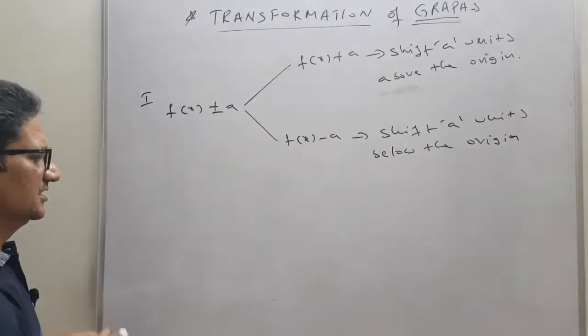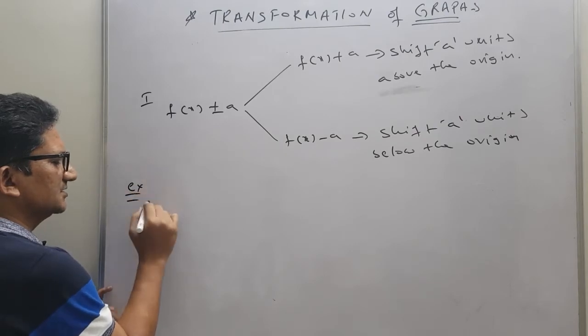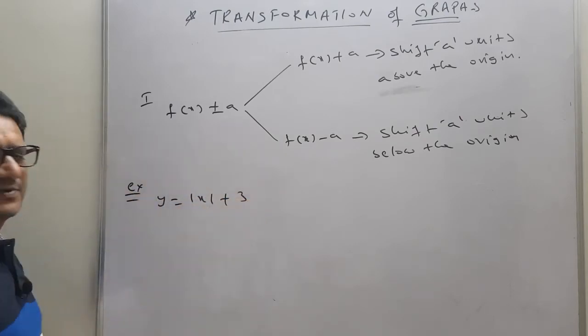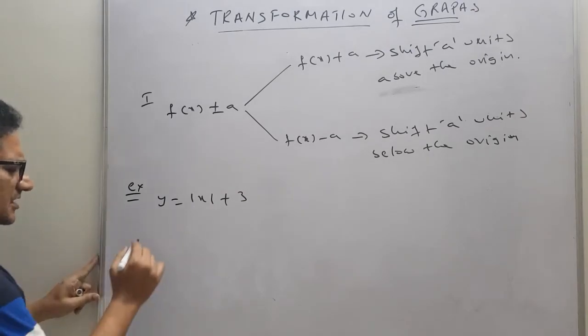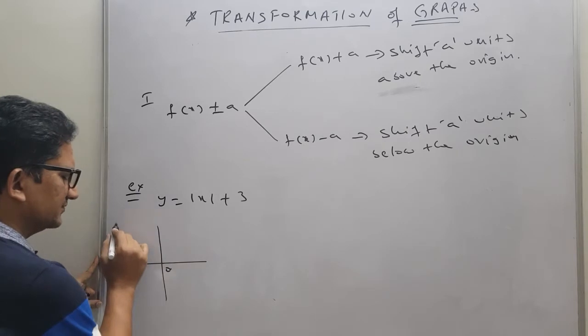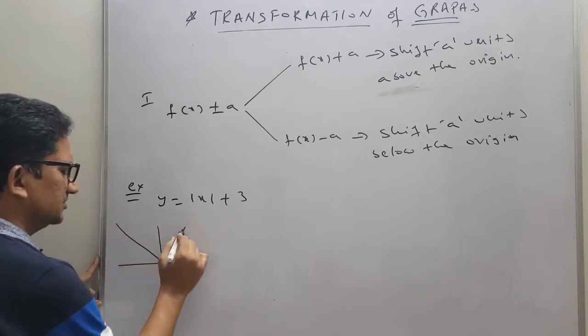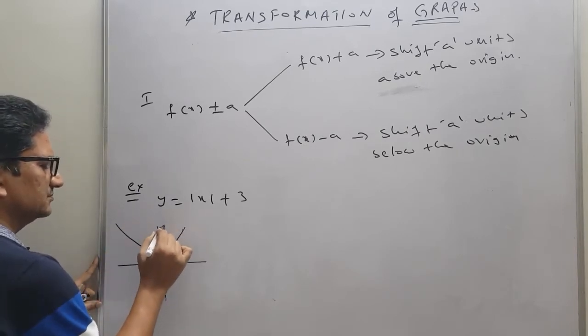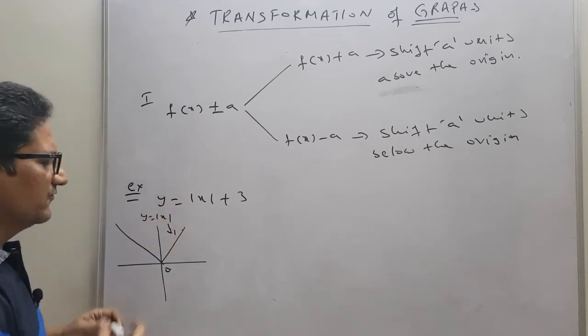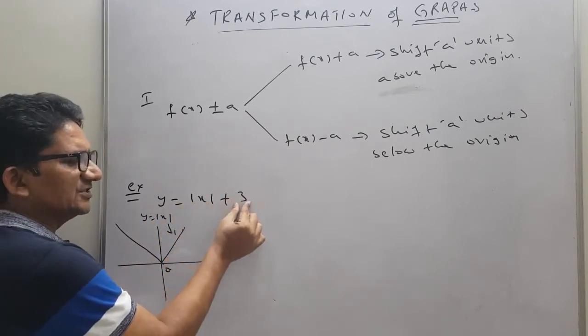For example, see, if you have a graph like this, y equals modulus of x plus 3. So initially, while doing these problems, first better draw the original graph. So this is y equals mod x. Now for this mod x, how much are we adding? 3 units.